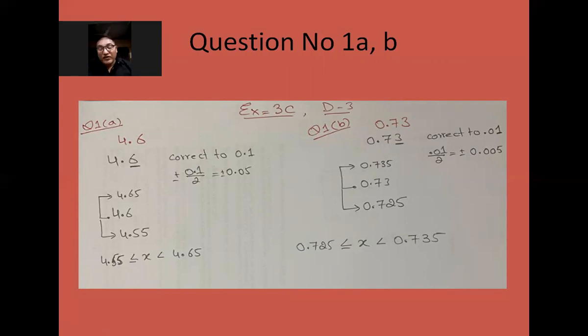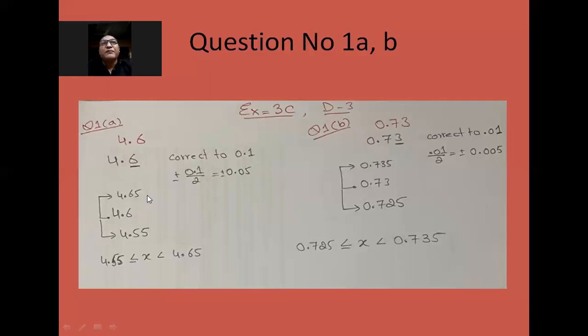In all these questions, we will see what the number is correct to, here 0.1. You divide whatever it is correct to by 2, and with it we write plus minus. So when you divide 0.1 by 2, you get 0.05, and with this you always write plus minus. The main reading is 4.6. When you add this to the main measurement, 4.6 plus 0.05, that gives you 4.65.